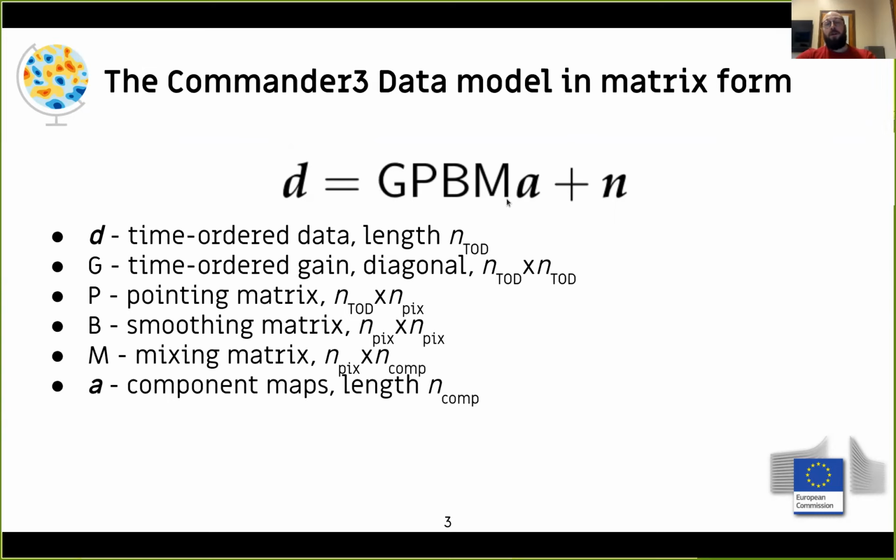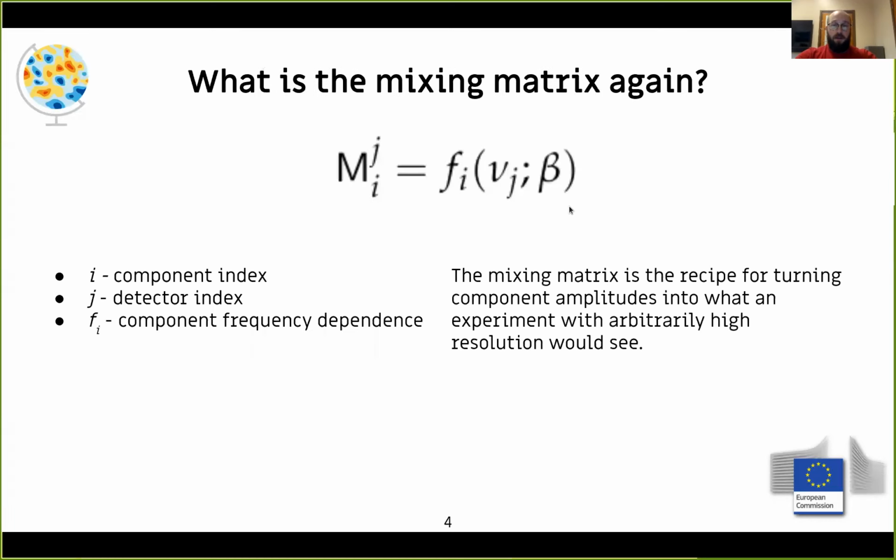And so this is essentially the thing that will allow you to compare your component amplitudes to your data, given that you know what your gain is, what your pointing is, what the beam is, and what the mixing matrix is. And of course, you use all these things to sample for the amplitudes. And if we assume that this is a Gaussian model, that is, that you have Gaussian white noise, it is simply a Gaussian sampling routine.